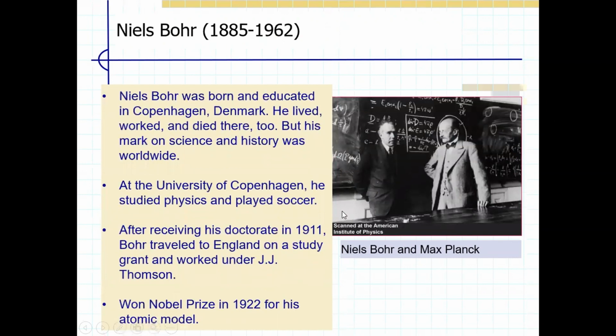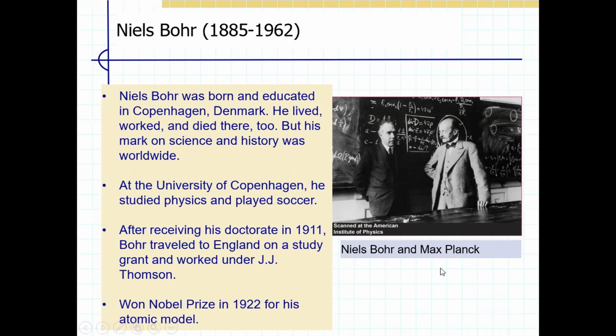Very briefly about Bohr, he was educated in Denmark. He lived and worked and died there, and he had a remarkable impact on science and history. At the University of Copenhagen, he studied physics, and he received his doctorate in England and was granted study work under J.J. Thomson.